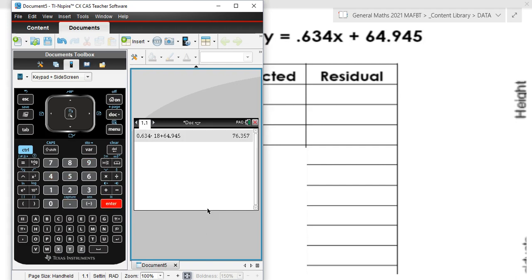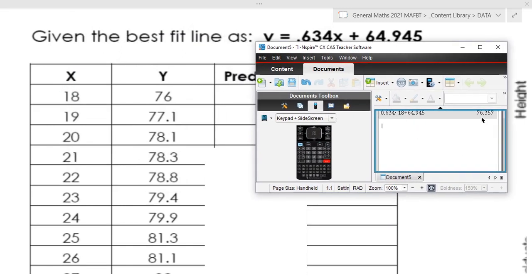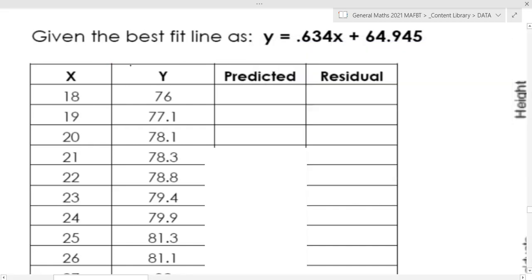When I do that, I get the predicted value based on the line. If x was 18, what would the predicted value be? 76.357. Let's round that to three significant figures.